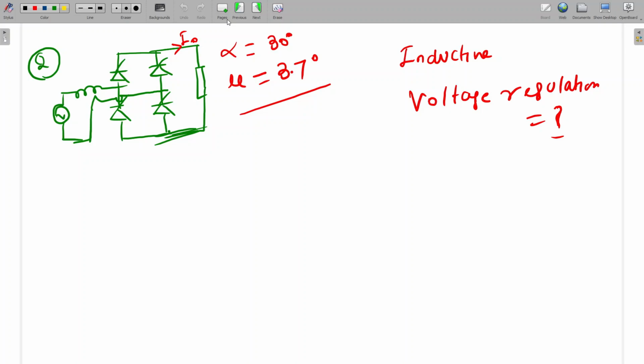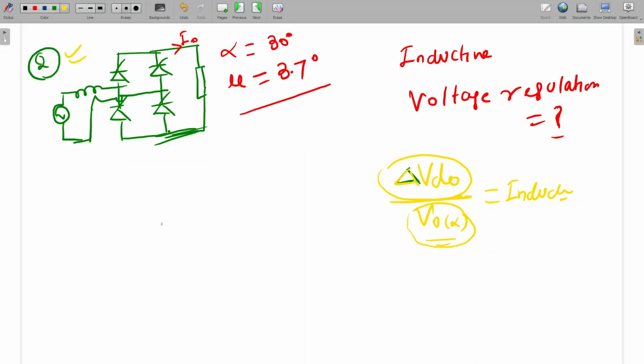So see, what is the inductive voltage regulation? This is one question. One term is there, inductive voltage regulation. Inductive voltage regulation means whatever will be the delta VD0, divided by the actual voltage without that drop at some particular alpha. So this is called inductive voltage regulation: the drop caused by the inductor divided by the actual voltage without the inductive effect.